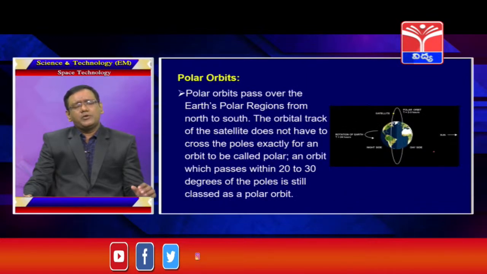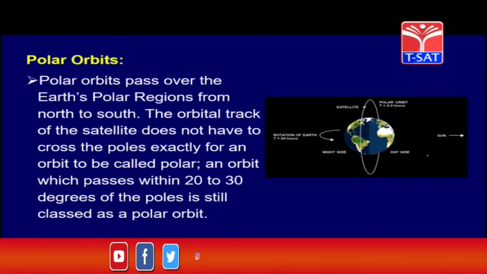So what are polar orbits? Polar orbits are orbits that pass over the Earth's polar regions, from north to south, revolving around the Earth. The orbital track of the satellite doesn't have to cross the poles exactly for an orbit to be called polar. It may have some sort of an angle also.